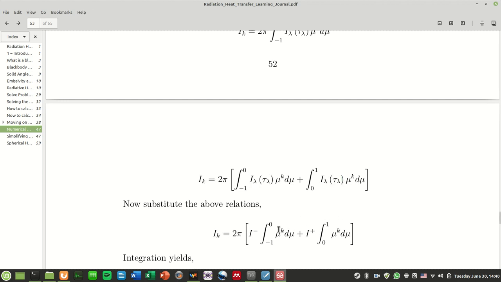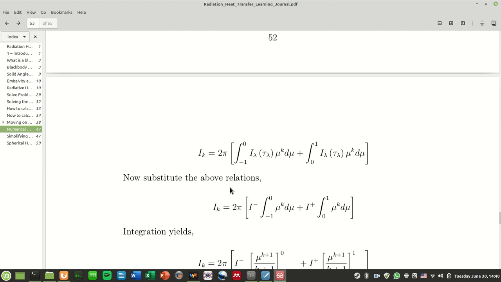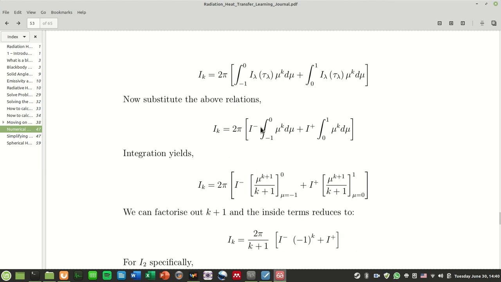Since the intensity remains constant over the range of mu from 0 to 1, and likewise from mu equals -1 to 0, you can just factorize I plus and I minus out, which makes this part of the integration rather simple.